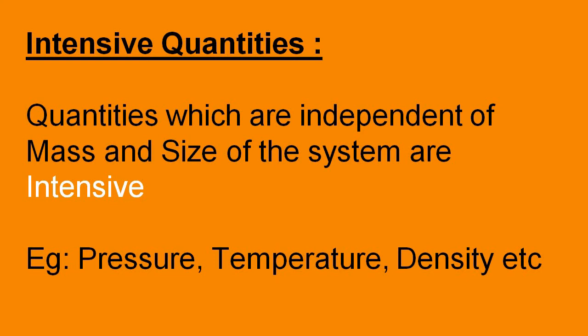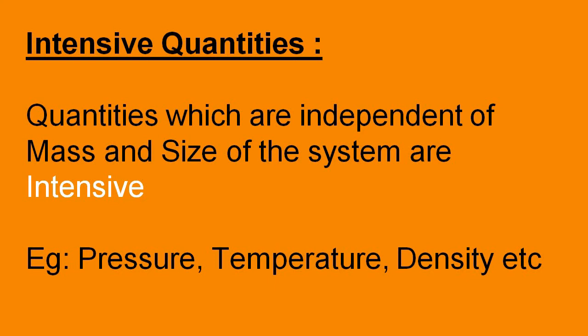And now we have seen the quantities intensive and extensive. Intensive is independent of mass and extensive depends on mass. But what is the need of the term size? That we can make clear.